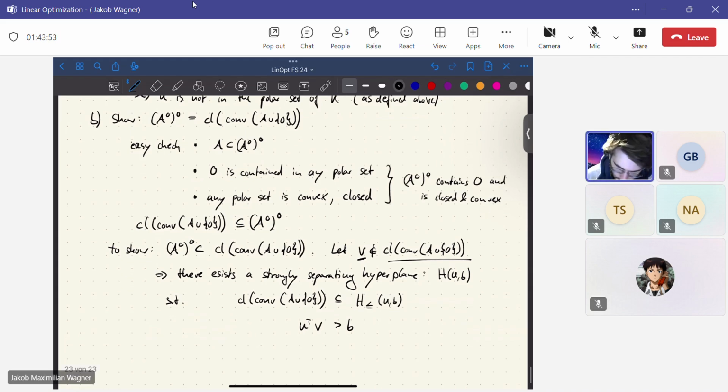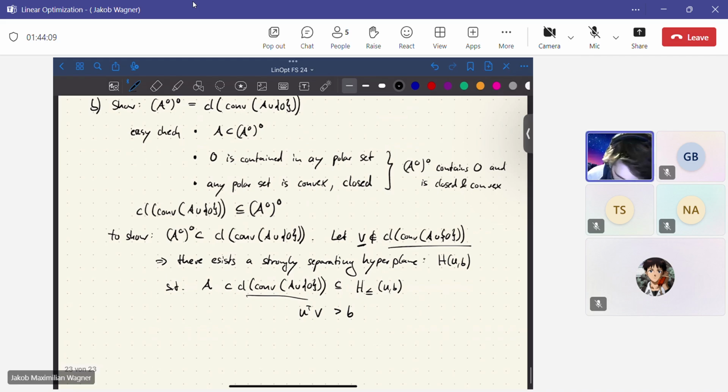And we also know that we have here this smallest closed and convex set that contains A and the 0 vector, and especially we know that A is a subset of this. All right. What we also know is that 0 is contained in this set. So 0 is in closure convex hull A including 0.